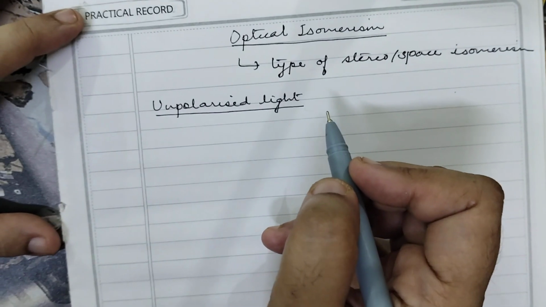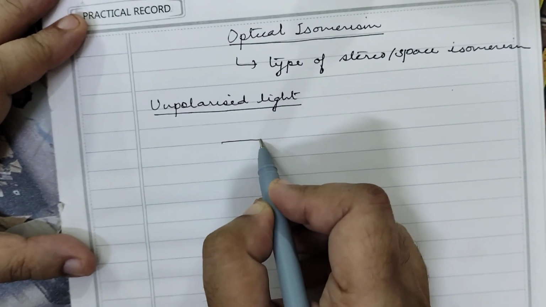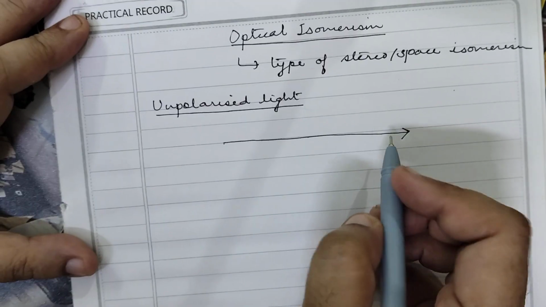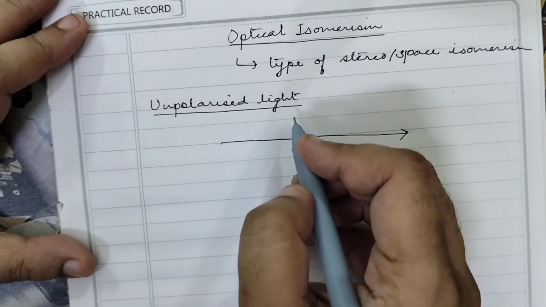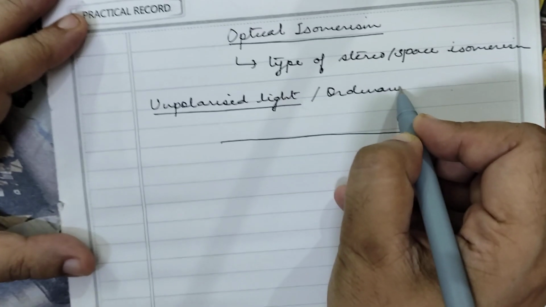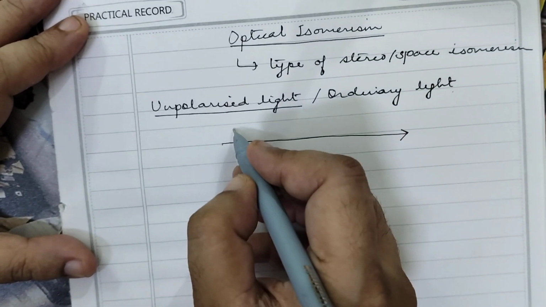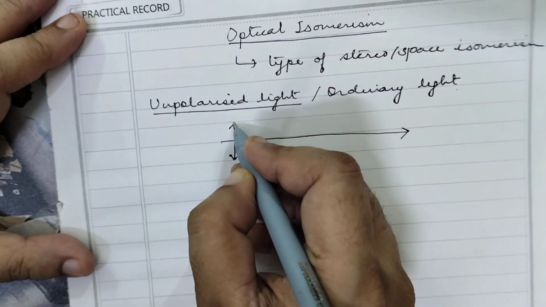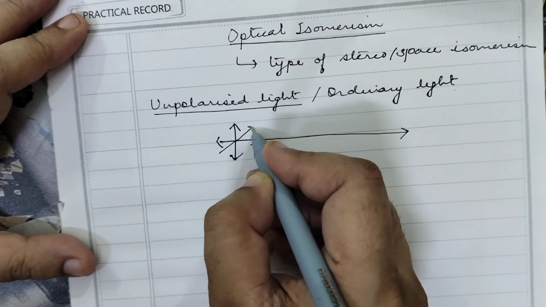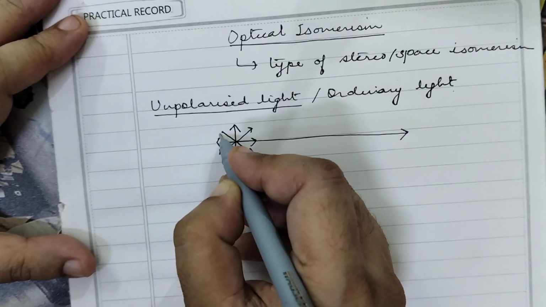So unpolarized light is, suppose this is the direction of propagation of light, and the ordinary light, unpolarized light, is ordinary light, that is the natural light. So this light has vibrations in all the directions perpendicular to the plane in which light is propagating.